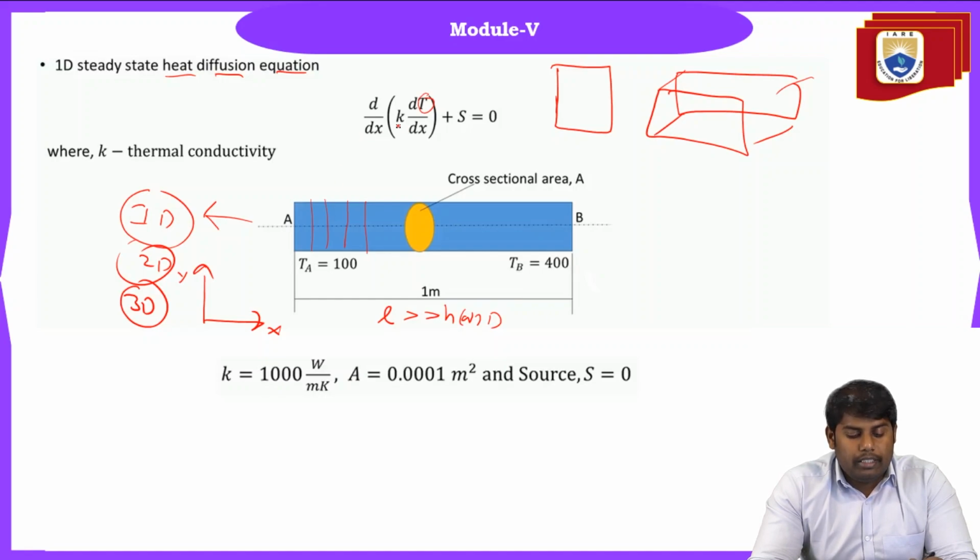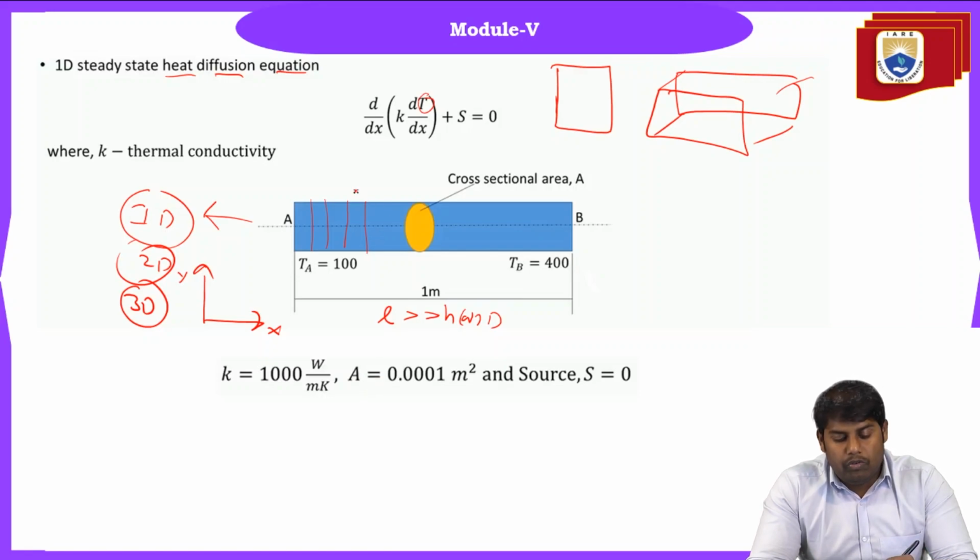Fine. K is nothing but the thermal conductivity. A is nothing but the cross-sectional area. We don't have any source term. Source term means the heat-emitting or flow-emitting entity. When you have some temperature which is evolving from a particular point with a certain value, we say that it is called the heat entity or the source term. Fine. So this is the terminology.